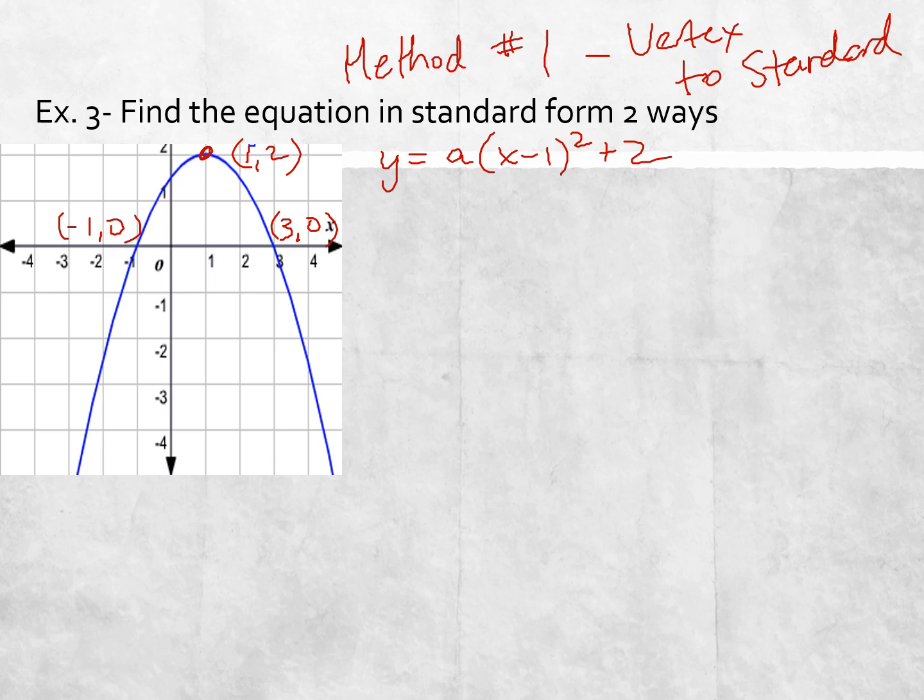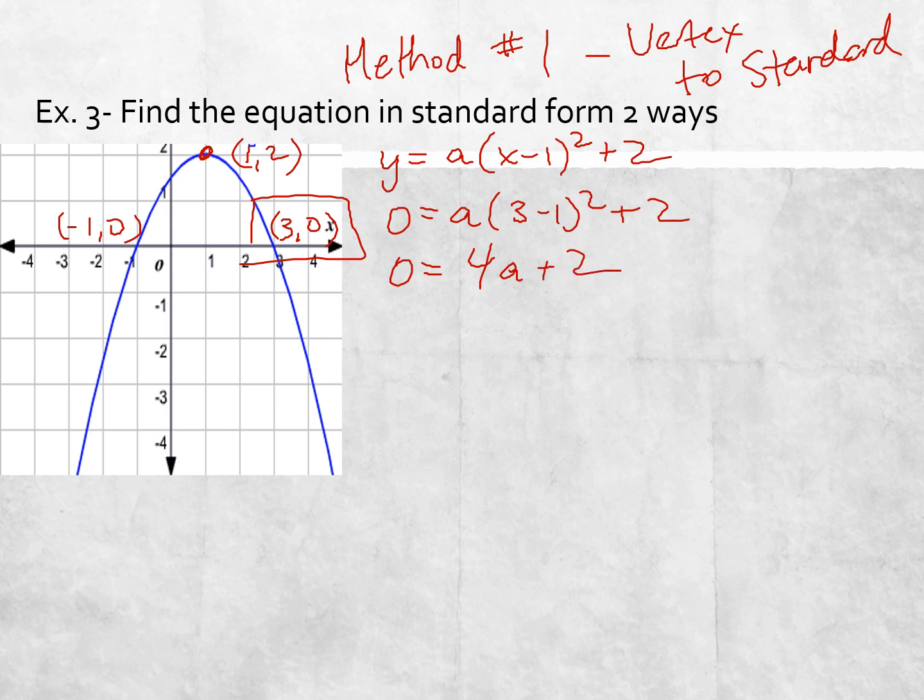I'm going to pick the 3, 0 point. So we're going to sub that coordinate: 0 equals a(3 minus 1) squared plus 2. 3 minus 1 is 2, 2 squared is 4, 4a plus 2. Bring that 2 over, becomes negative 2 equals 4a, divide both sides by 4, negative 1/2 equals a.